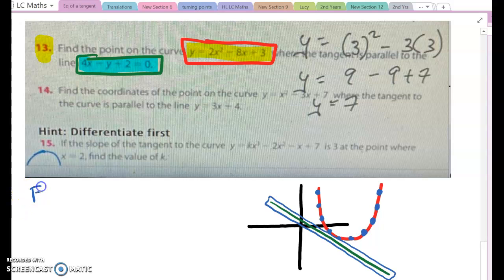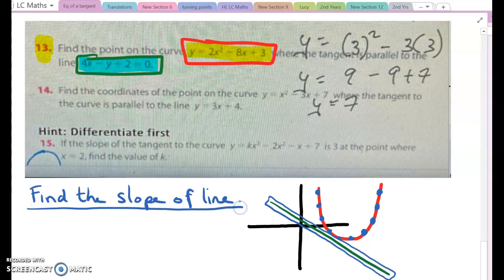Well, let's find the slope of that straight line first. All we've been given is the equation of that straight line, 4x minus y plus 2 equals 0.